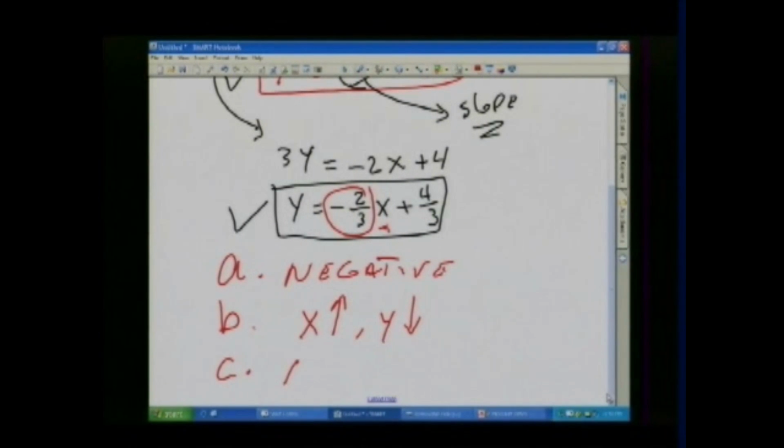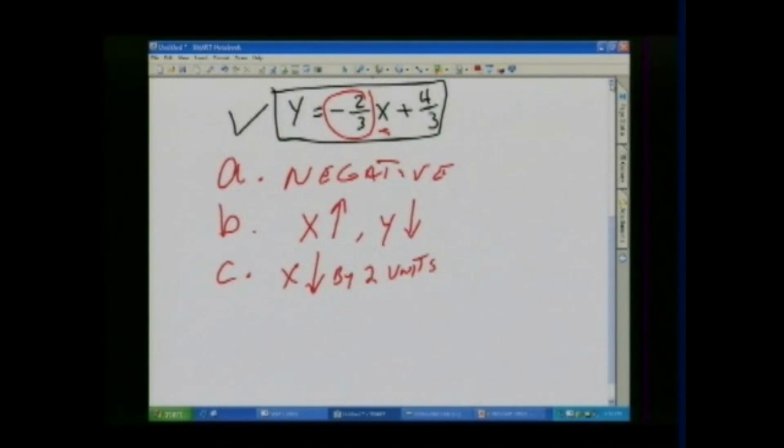If x decreases by 2 units, that means y will go up. Since we are talking about decrease of x, we show it as negative 2, multiply by the slope.